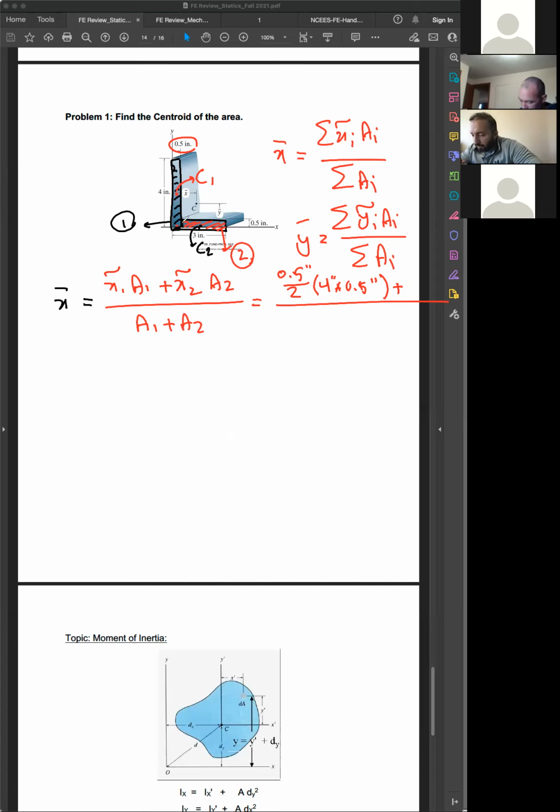Now for this second one, this is your x tilde 2, right? How much is x tilde 2? First of all, let me separate the structure like this for you here.